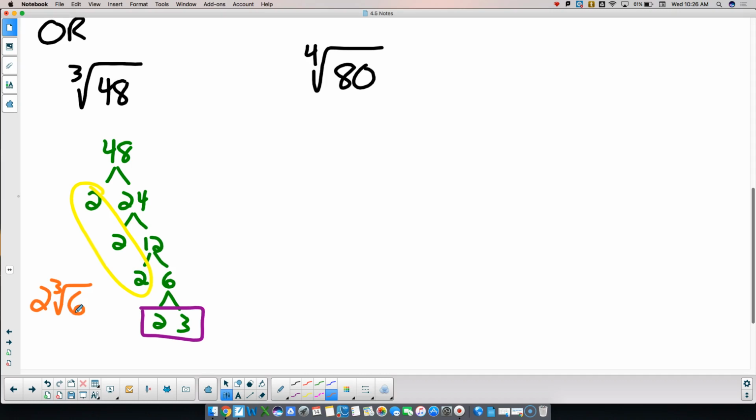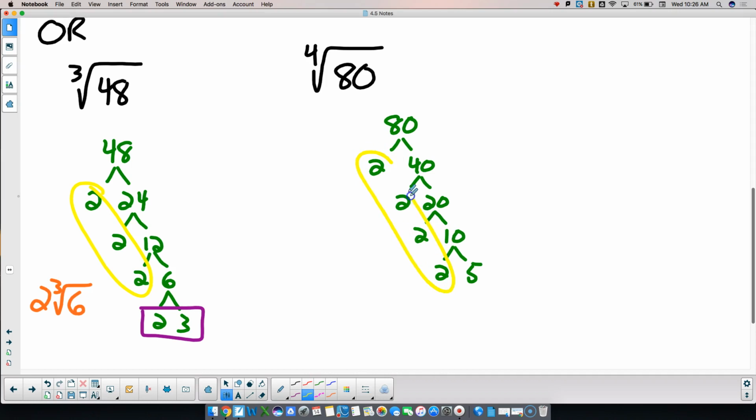Okay? 80, we can do the exact same way. 80 is 2 times 40. 40 is 2 times 20. 20 is 2 times 10. 10 is 2 times 5. But now I'm looking for groups of 4 because my index is 4. So here's my group of 4.